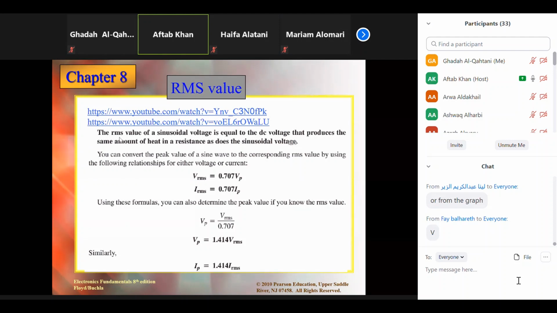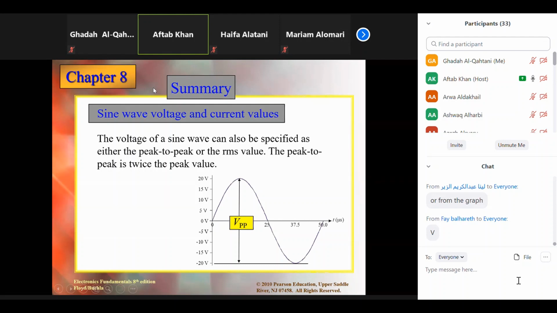Okay. Now, the next thing added here is peak to peak. Now you can see, girls, what is peak to peak? This is the positive peak. This is the negative peak. If I measure from here to here, this is 20, minus this is minus 20.